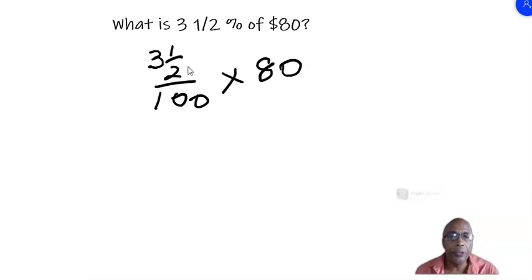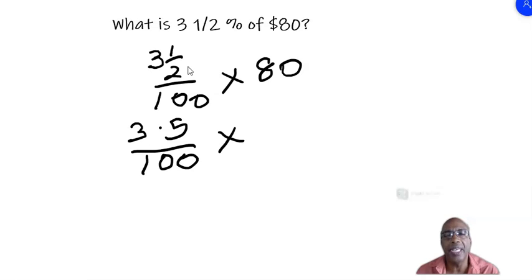So we know 3.5, half is 0.5. So 3.5 is 3.5 over 100, that's 3.5%, times 80. Divide by 100 by bringing the point backwards 2 places.